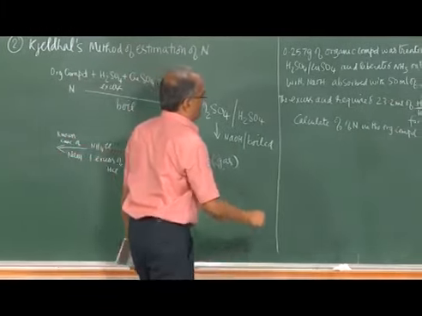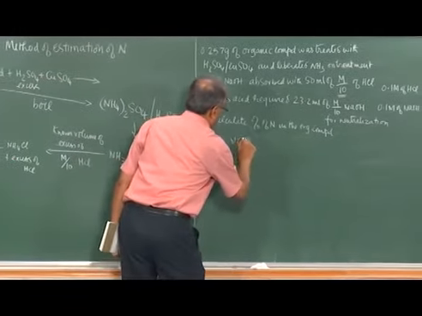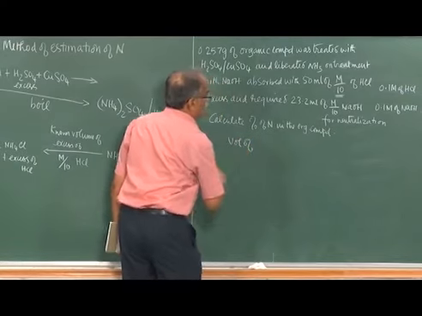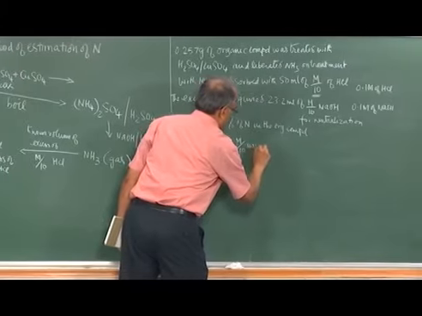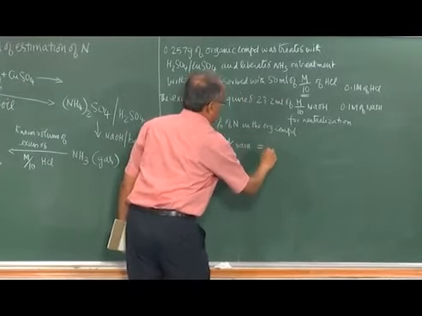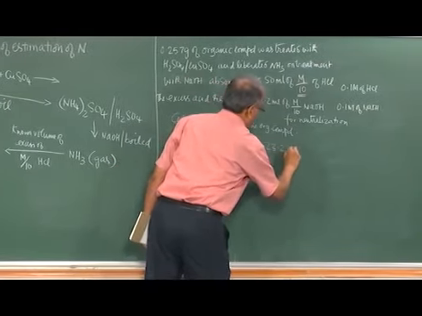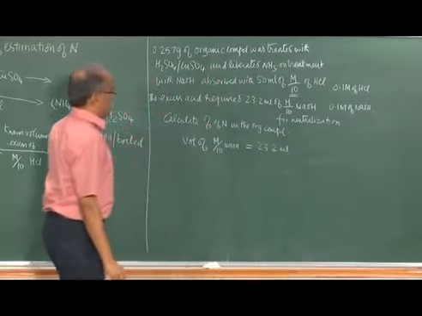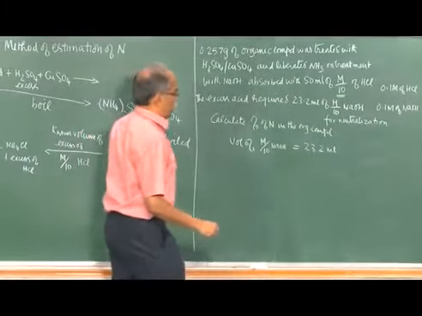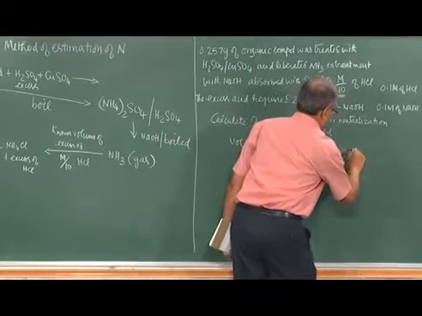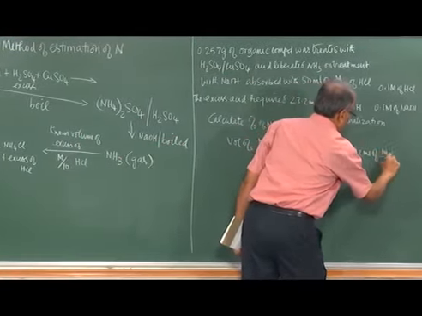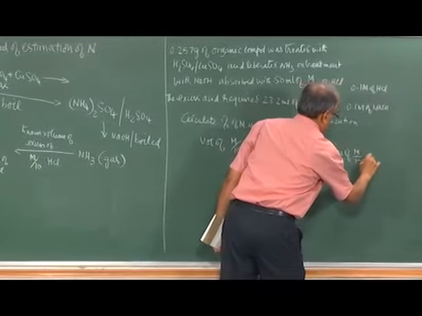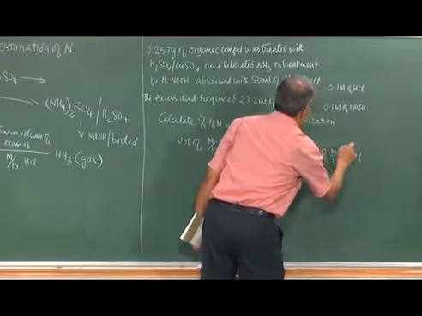Now, the volume of M/10 sodium hydroxide needed for the neutralization is 23.2 milliliters. This would essentially correspond to 23.2 milliliters of M/10 concentration of HCl that was neutralized.